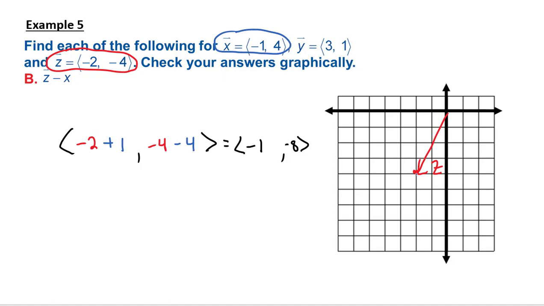X. Okay, since I have to do negative x, that's just the opposite. So that's 1, -4. So I go left 1, down 4. So that's -x. What's my resultant? My resultant is that vector, and that's -1, -8.